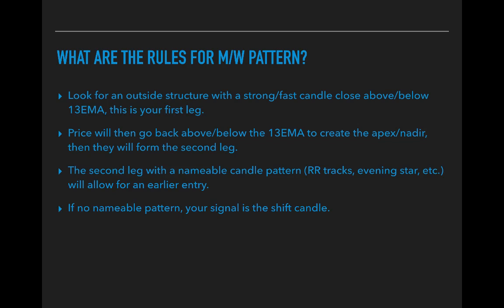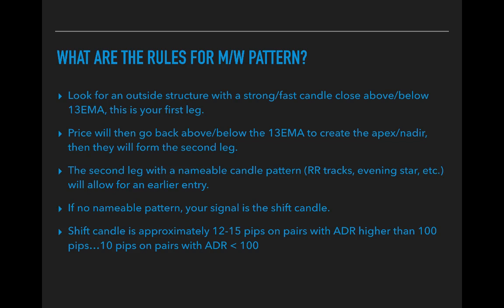That shift candle is approximately 12 to 15 pips on pairs with an ADR greater than 100, and about 10 pips or less on pairs with an ADR less than 100. I'll show you that on the chart also. One thing you can do is wait for a one-third pullback on that shift candle, which gets you a discounted entry and a tighter stop loss for the trade.